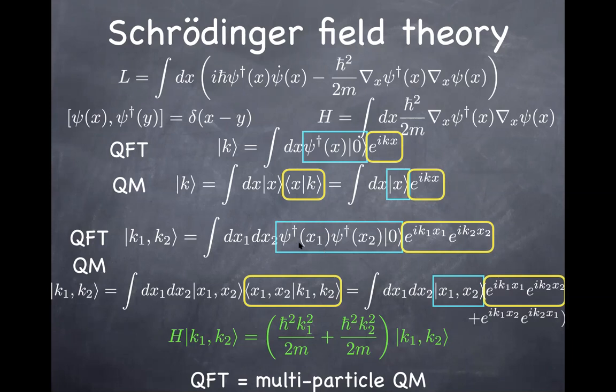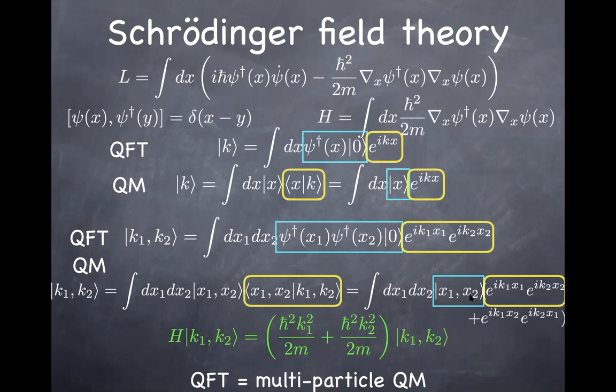What I'm saying is that psi dagger x1, psi dagger x2 acting on the vacuum already corresponds to x1, x2 plus x2, x1 over square root 2. Yes, I know that.